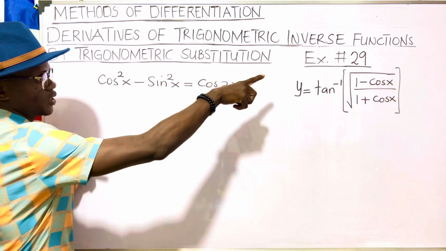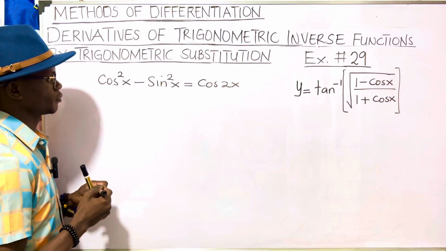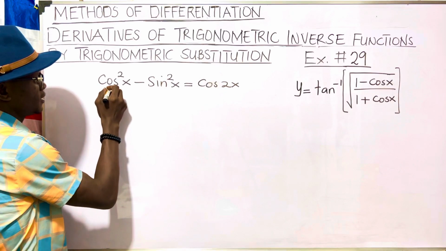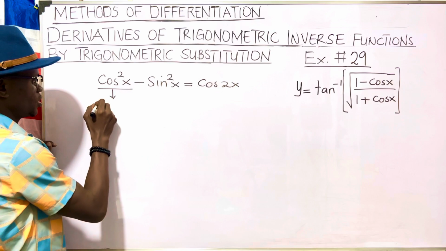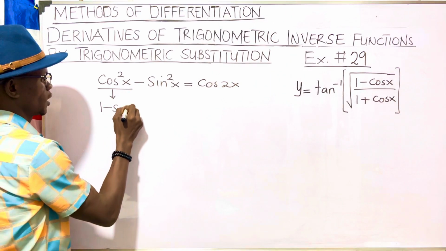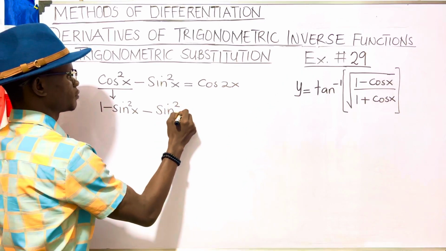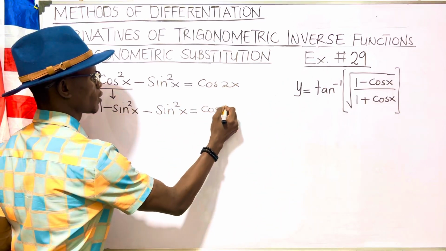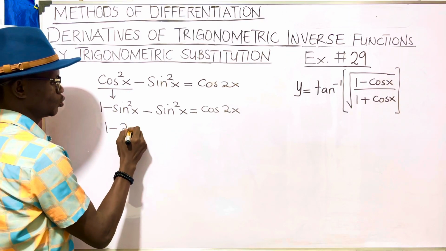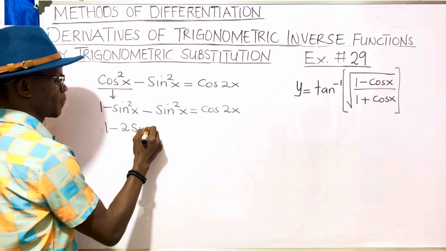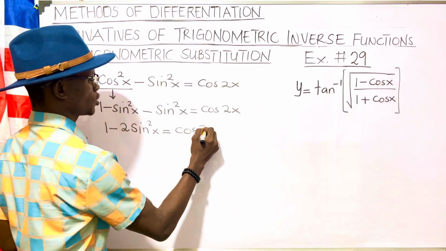Now, how do we get 1 minus cos of x and 1 plus cos of x? If we rewrite this expression, bringing in the Pythagorean identity for cos square x, which is 1 minus sine square x, we will have 1 minus 2 sine square x equals cos of 2x.